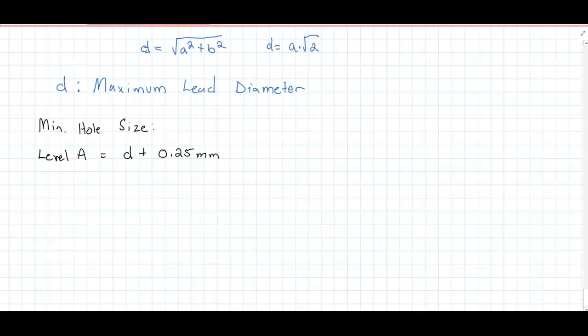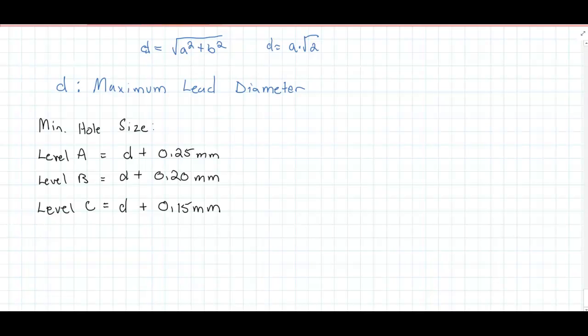Level B is D plus 0.20 millimeters, and level C is equal to D plus 0.15 millimeters.